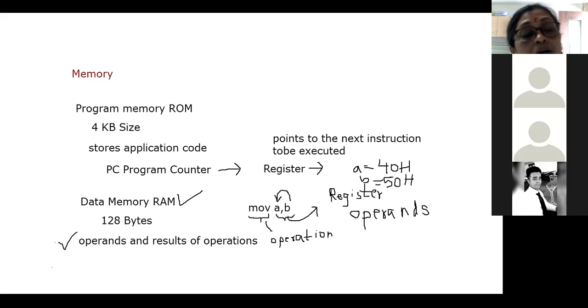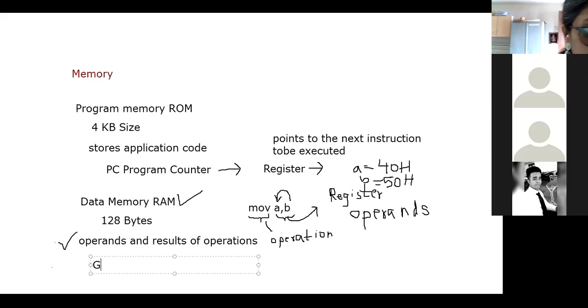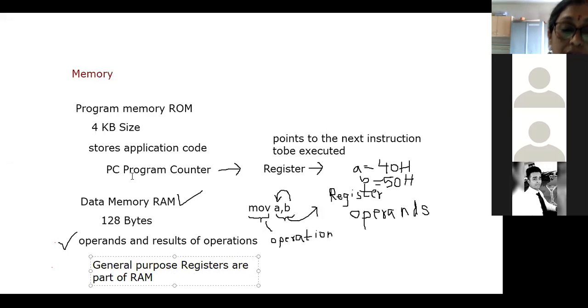Now, there are general purpose registers. You have heard about general purpose registers. These general purpose registers are also part of this RAM. How do we designate these registers?